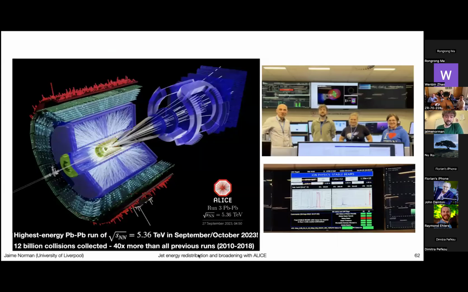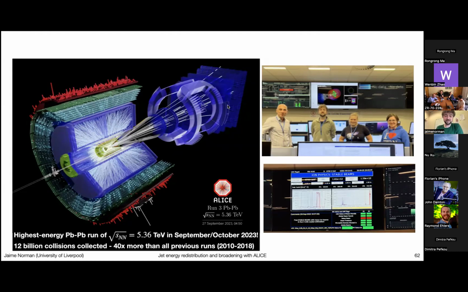At the end of last year, we had the highest energy lead run, where we collected 40 times more data in total than all previous runs. So we're busy working on this data at the moment, and it's quite an exciting time to be working on this.